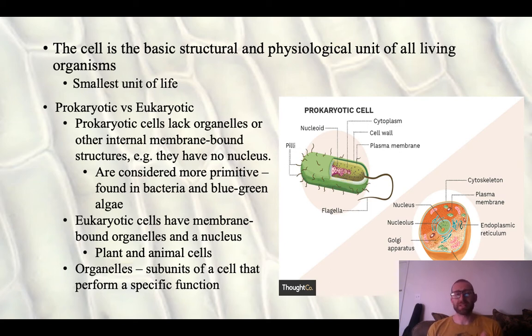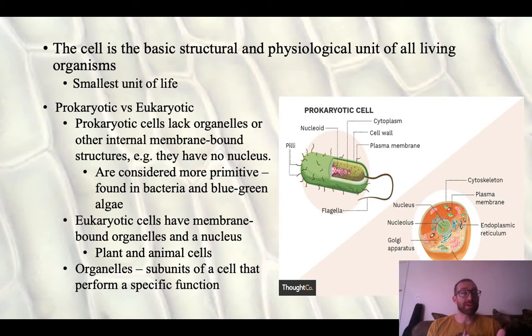And if you go all the way down to the bottom of this slide, you'll see that organelles are subunits of a cell that perform a specific function. You can think of them as little organs, right? They are subunits of a cell that act just like you have organs in your body that have specific functions. You have organelles in a cell that have specific functions. And we're going to go over organelles throughout this lecture.